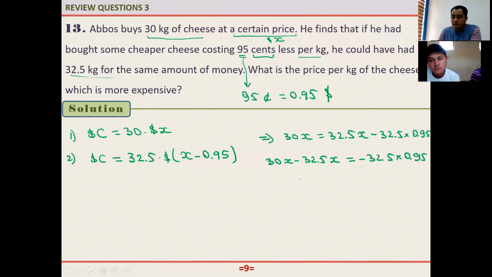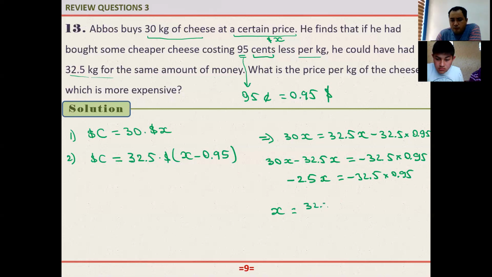Watch what's going on. So if you subtract this, what is it? Here we have minus 2.5x is equal to minus 32.5 times 0.95. Now let's rewrite the answer then. Here minus minus, they cancel each other. x equals 32.5 times 0.95 over 2.5.